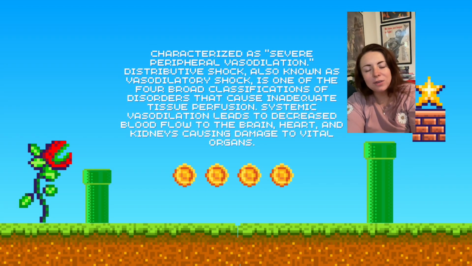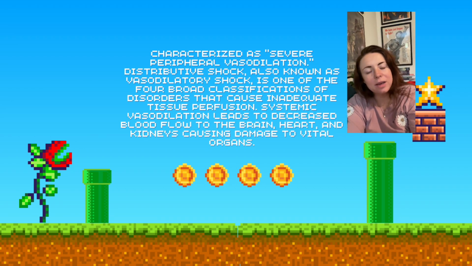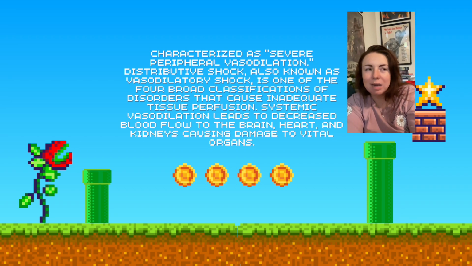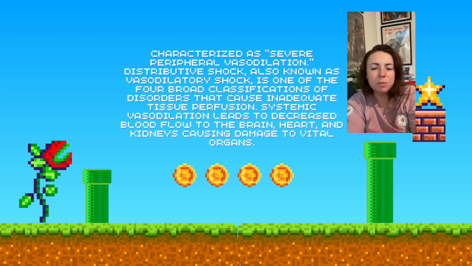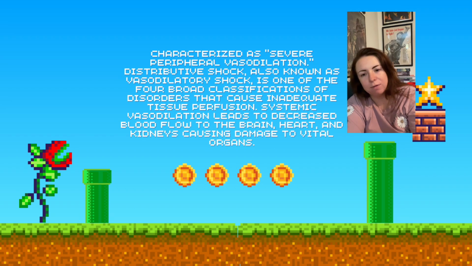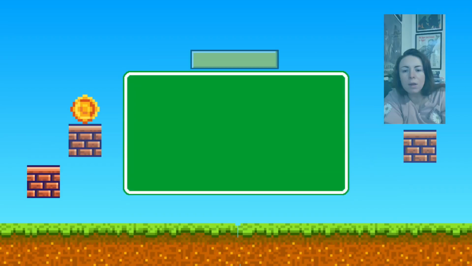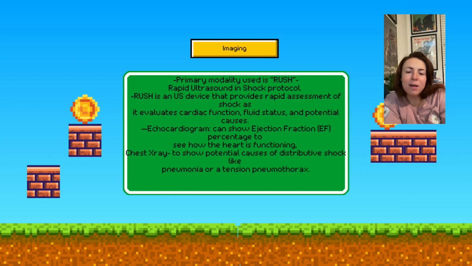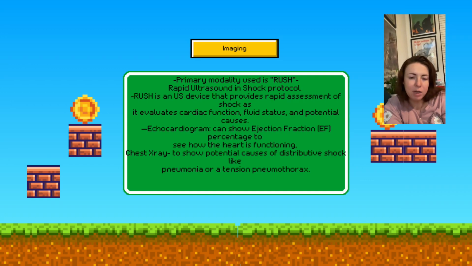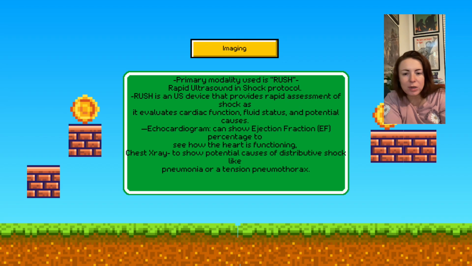So this slide just defines what distributive shock is. It's severe peripheral vasodilation, also known as inadequate tissue perfusion with decreased blood flow to the heart, brain, and kidneys. For this imaging slide, we just have some different methods of imaging that are often used for distributive shock.